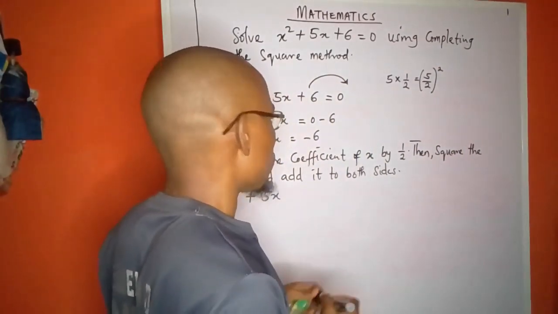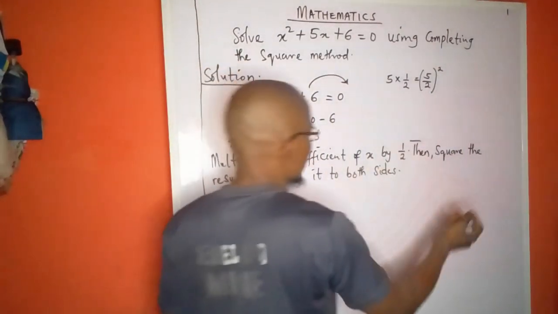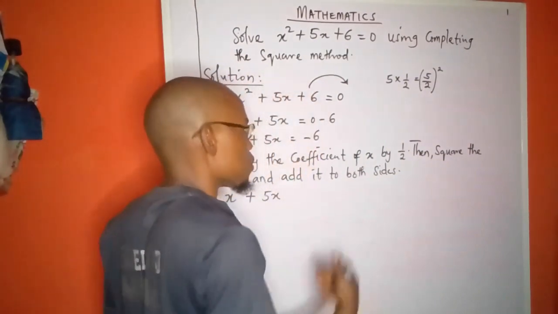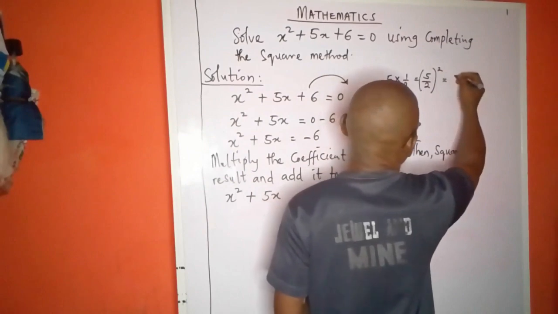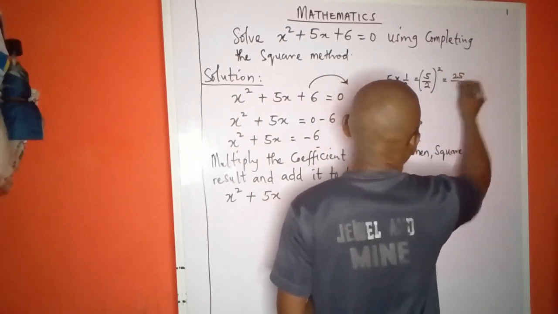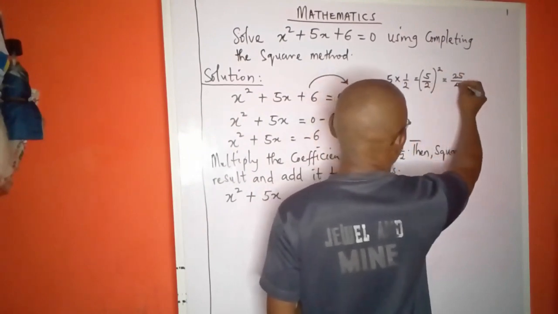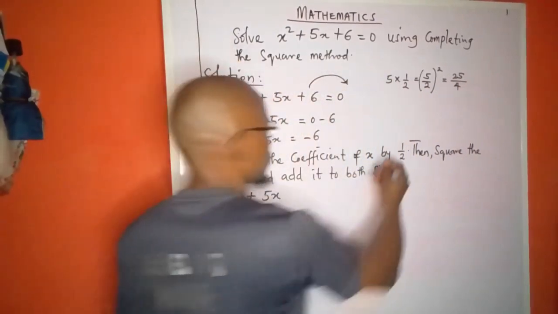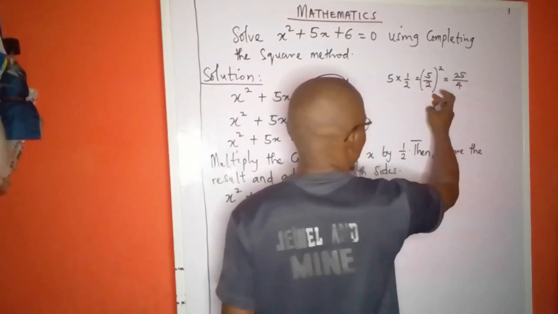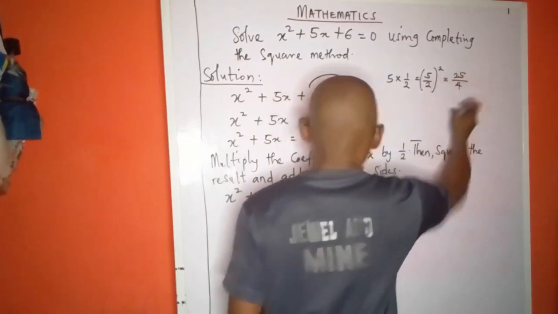If you square the result, you can expand it or you leave it. If you expand it, we are going to be having 5 squared, which is 25, over 2 squared, which is 4. So then square the result. After squaring the result, I'm expanding it. This is what we have.